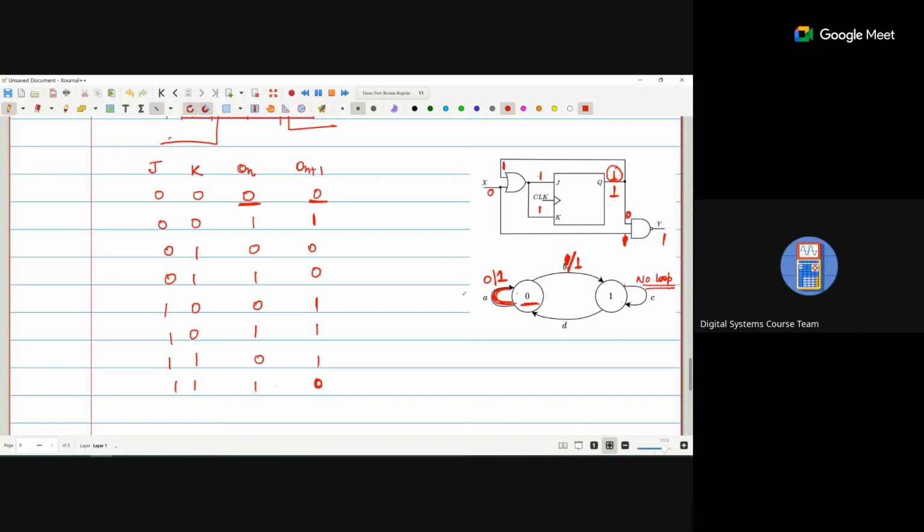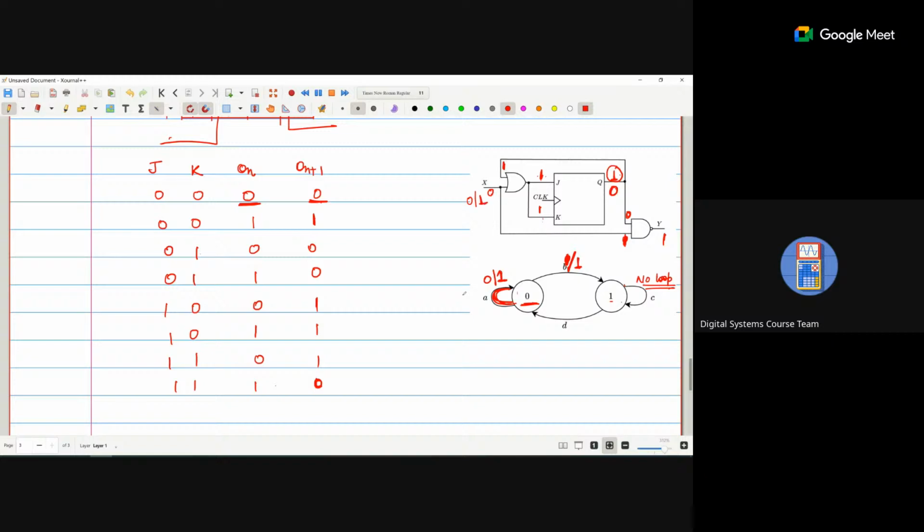Now the present state is 1, next state is 0. So 1 is coming here, we are getting 1 here. When J and K both are 1, we are getting 0 here. Now X is a don't care condition, doesn't mean either it is a 0 or 1.